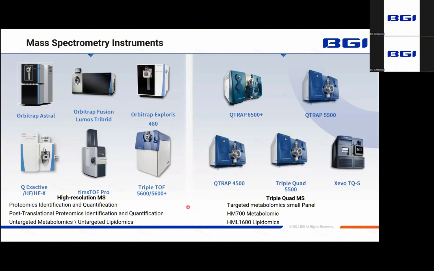Having complementary MS technologies allows us to tailor each project, whether it's lipidomic, metabolomic, or proteomic, to its biological question. We take advantage of deep screening with high-resolution MS for untargeted screening, for example, with QE. But considering the speed of analysis, we will use QTRAP, the triple quad MS, for target panels. Anyway, there will be one most appropriate option for your own demand.